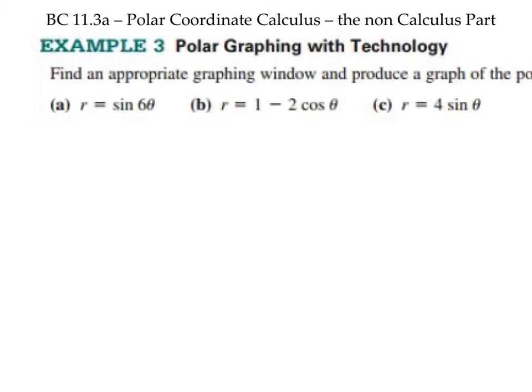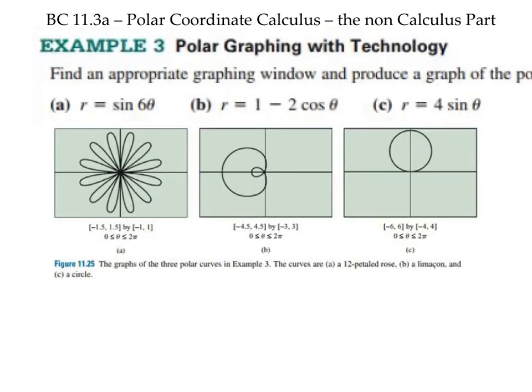The second one, as theta varies, then 2 cos theta can take on values between positive 2 and negative 2, so 1 minus it will take on values between negative 1 and positive 3. Anyway, here's what the graphs look like. So the first one is called a 12-petaled rose. The second one's called a limaçon, after the French word for snail. And the third is just plain old circle.